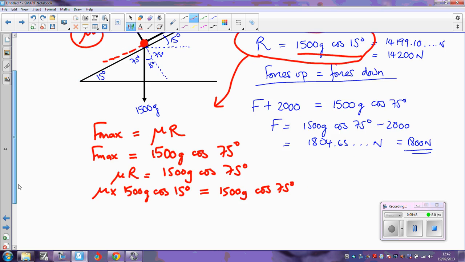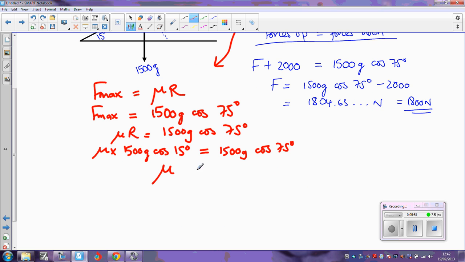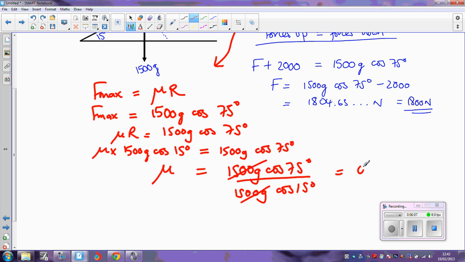And I can see that that's going to simplify pretty easily. Mu then, the coefficient of friction, is just 1500 g cos 75 divided by 1500 g cos 15 degrees. The 1500 g's disappear. I'm left with cos 75 divided by cos 15, which comes out as 0.268 to 3 significant figures.